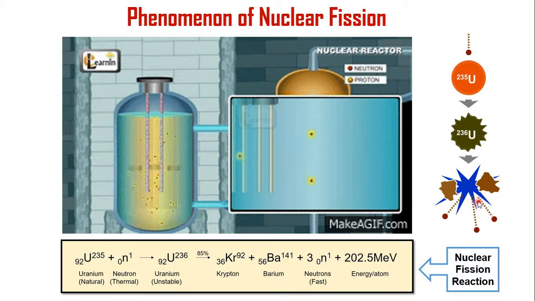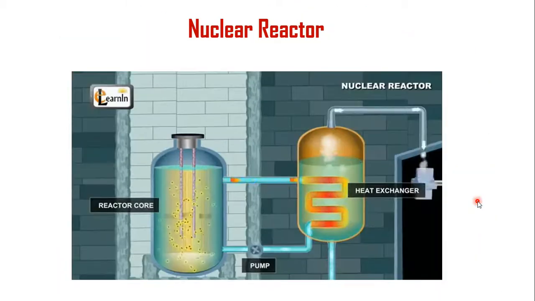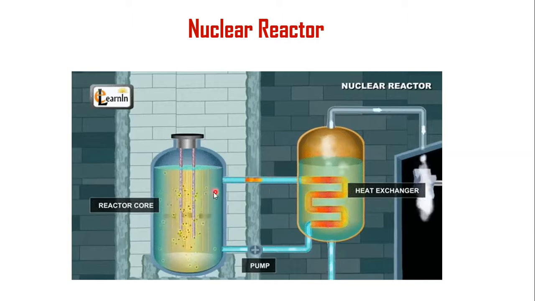That heat energy we are going to utilize. Heat energy is transmitted through this heat exchanger. Similar to our conventional thermal power station, here water is passed through this heat exchanger. Since heat is transferred to the heat exchanger by the nuclear reactor, this water becomes steam.